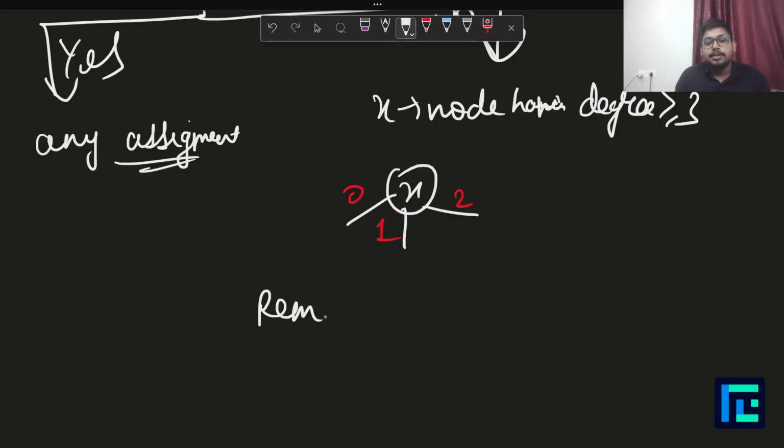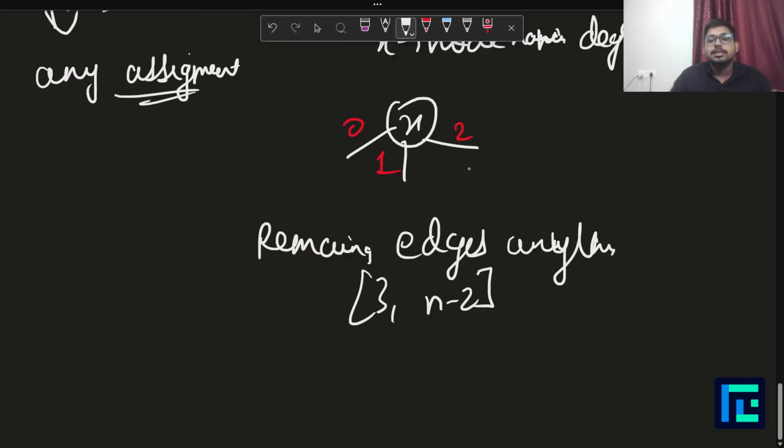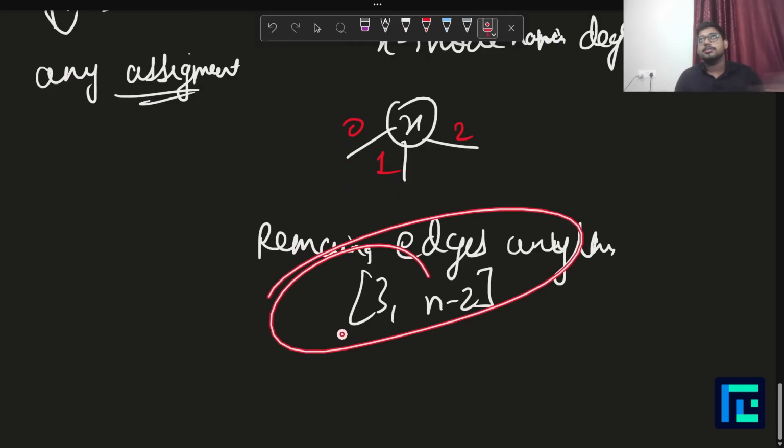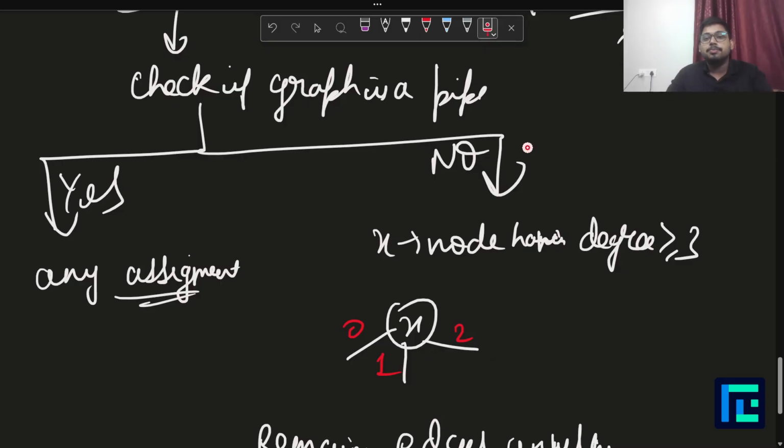And for the remaining edges, you can assign just any of the remaining values from 3 to n minus 2 to any edge. Whichever are unassigned apart from these 3 edges, assign them anything. That's what you need to implement. I hope it is clear.